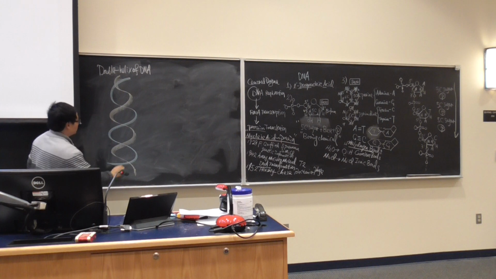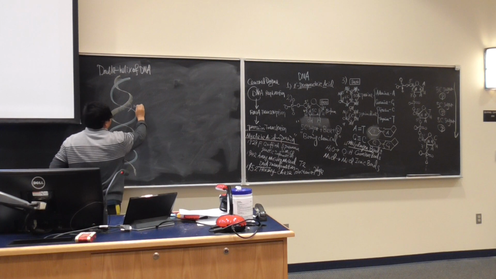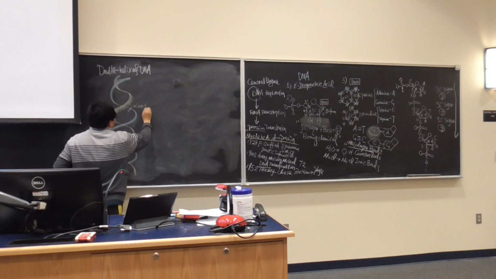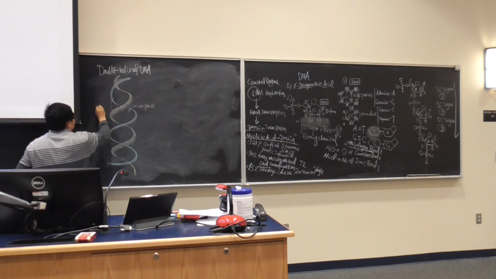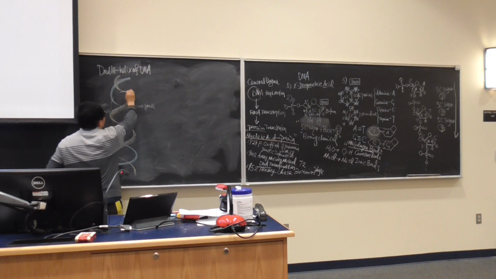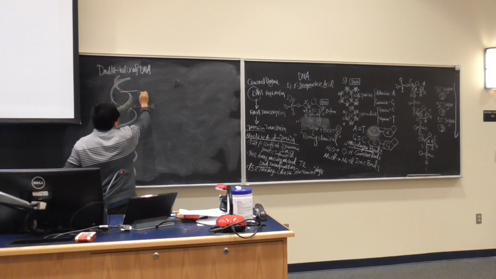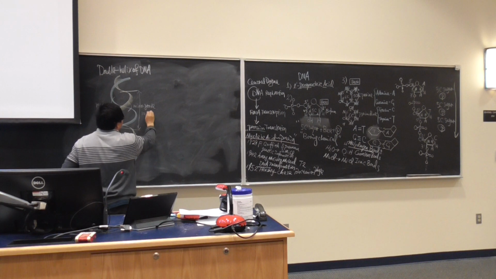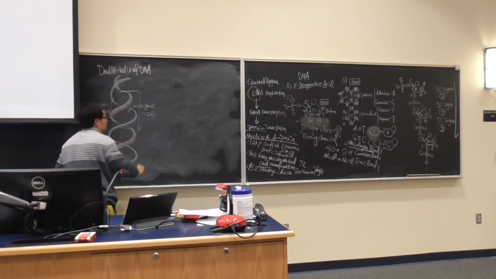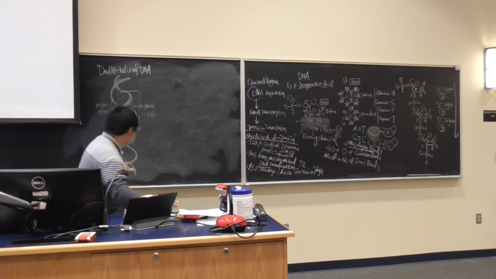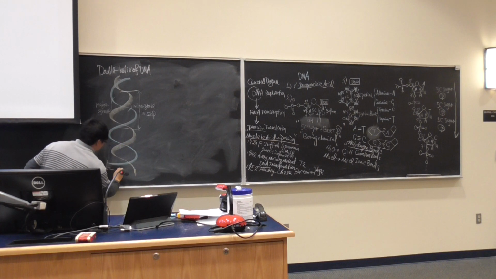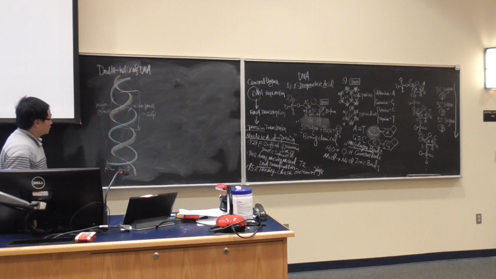You learned about that: the minor groove, the major groove. One turn is around 10.5 base pairs, bp, and the width, people say, is 3.48 nanometers.